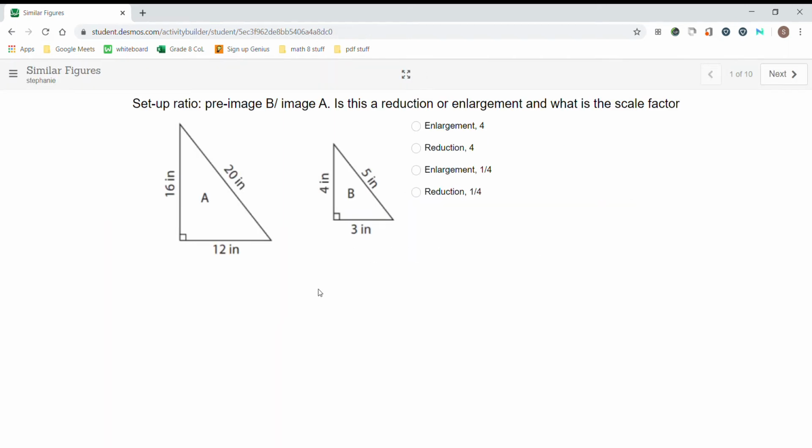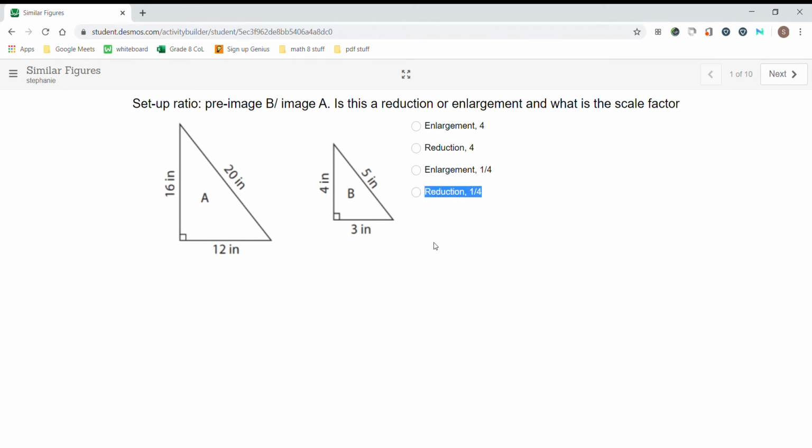Okay, so if we look at triangle A to triangle B, I can see right away that the triangle got smaller. So when something gets smaller, it is called a reduction. When something gets bigger, it's an enlargement. So when I am reducing, I'm either looking at a reduction of 4 or a reduction of 1/4.